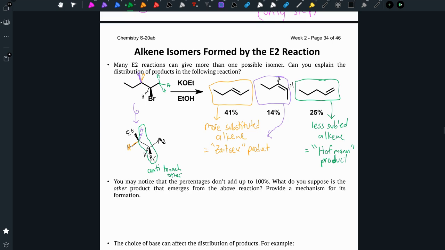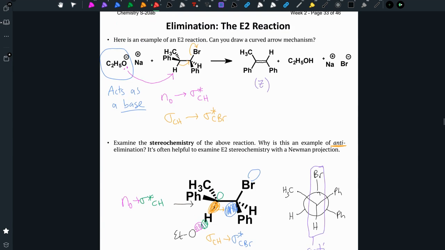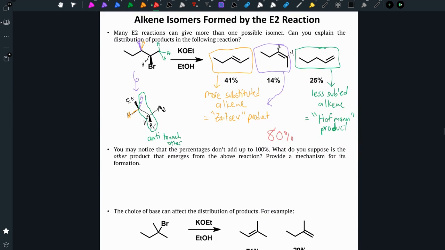You also may notice 41 plus 14 is 55 plus 25. These only add up to 80%. So what do you think the other product might be? Well, I said an E2 reaction is when our other reactant acts as a base, but ethoxide can also act as a nucleophile.